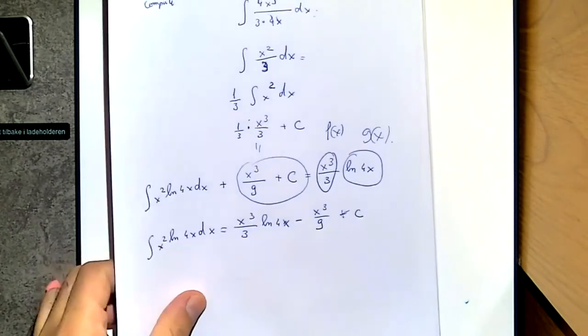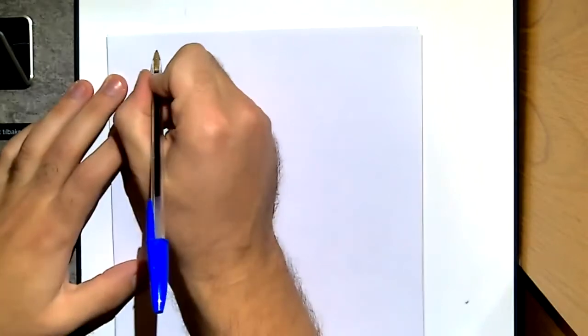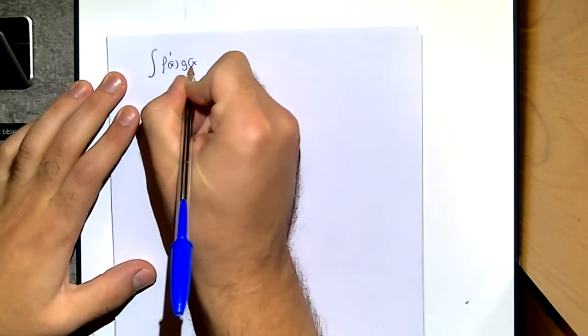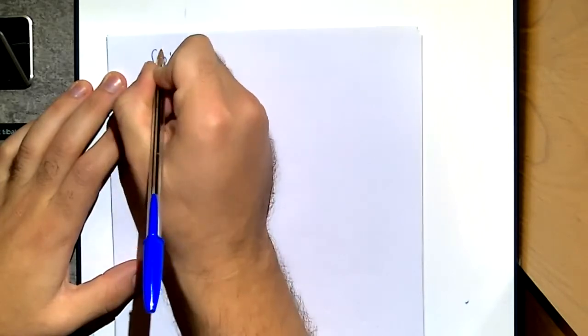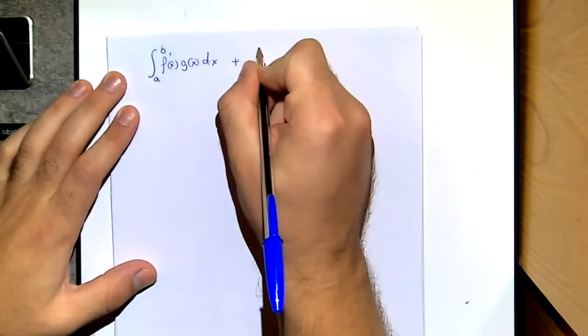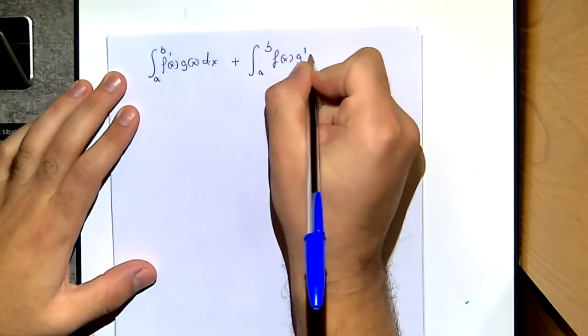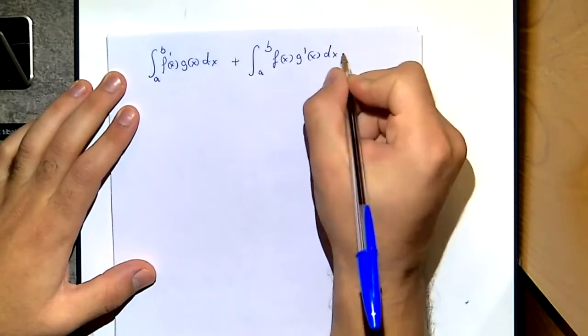Let's do the by parts on definite integrals. If you think it actually becomes way different, no, it's exactly the same formula. So I'm going to write it again. The integral between a and b of f prime of x g of x dx equals f of x g of x between a and b, minus the integral between a and b of f of x g prime of x dx.